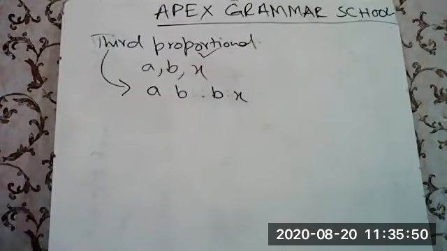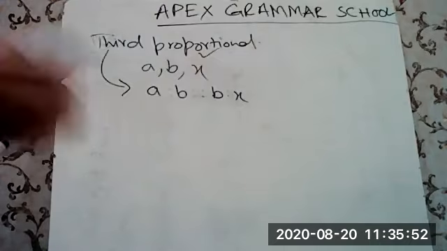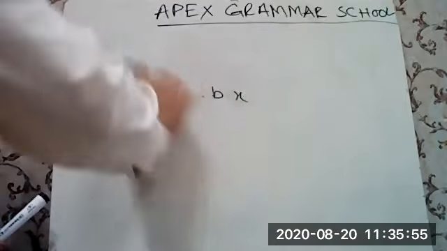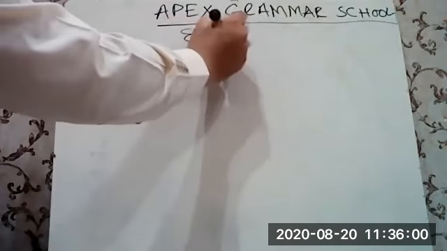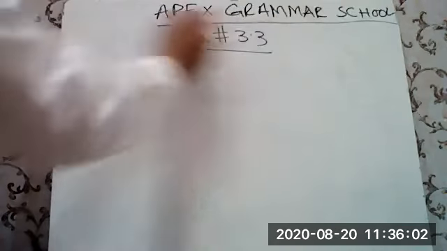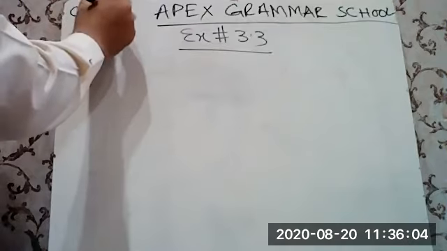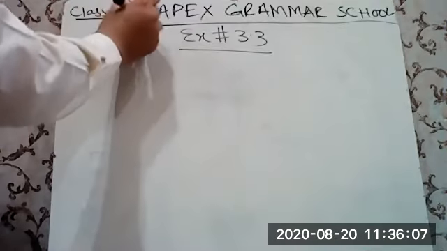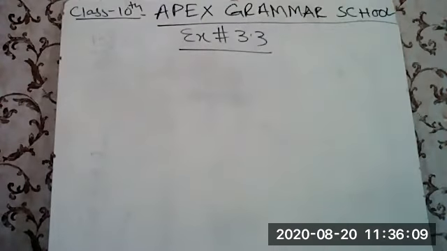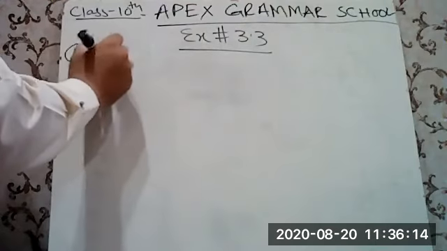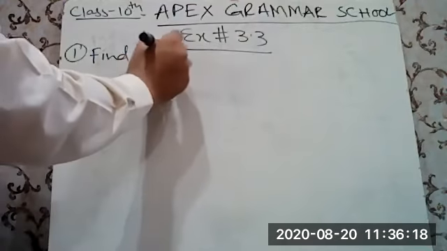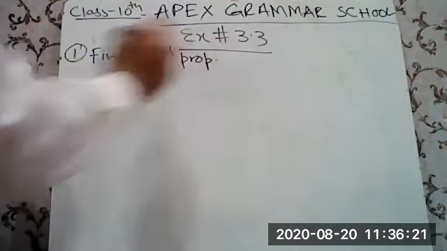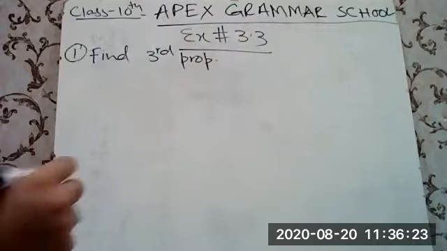Now, for the questions of exercise 3.3, the first question is: find the third proportional to 6 and 12.